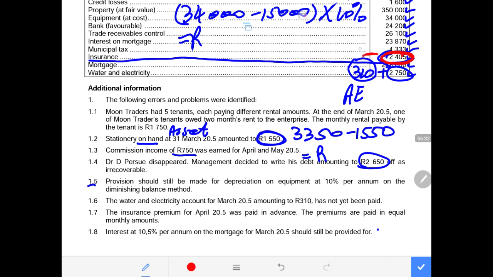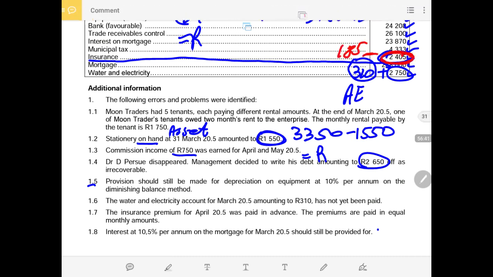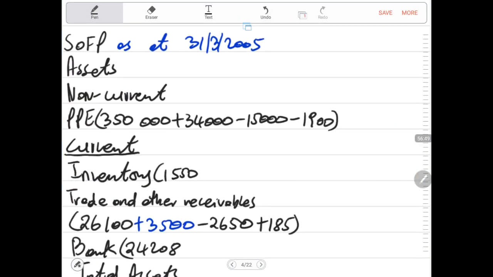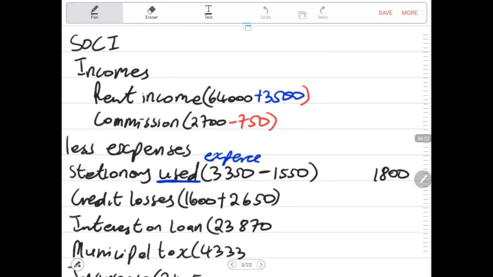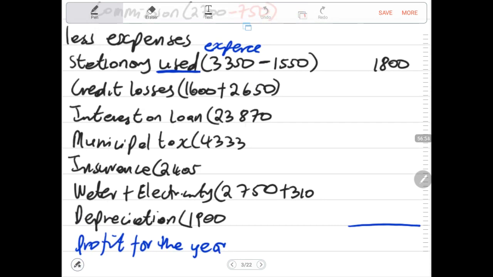We don't need that one, it must be subtracted, minus 185, because we only need to record expenses in the income statement that belong in the current year. So we need to remove that 185 because it is not for the current accounting period. That is the reason why we will go confidently under the income statement and say insurance minus 185 rands. It will be added next year, not in the current year.